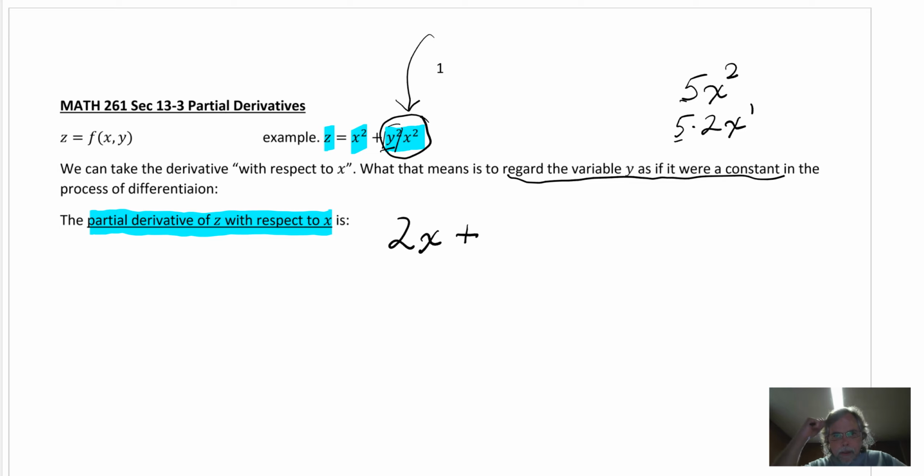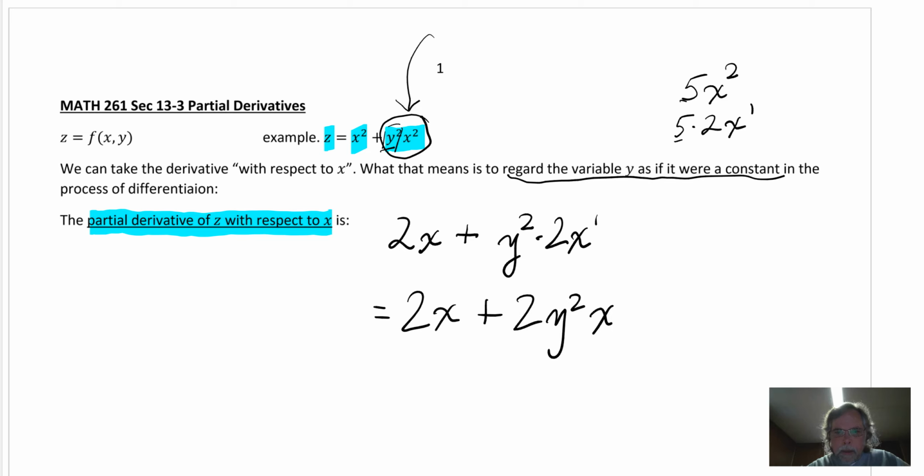So in our heads, we say, okay, that says y squared, but I have to think of it as a number when I do the derivative. And so what we would do here is y squared comes down, and then we take the derivative, 2x to the first, as usual. So the partial derivative with respect to x would be 2x plus 2y squared times x.